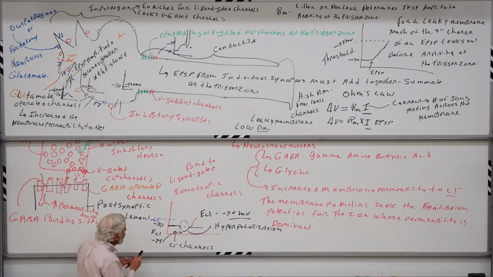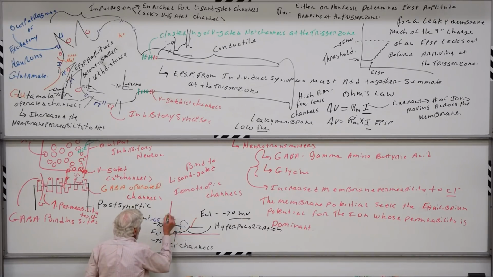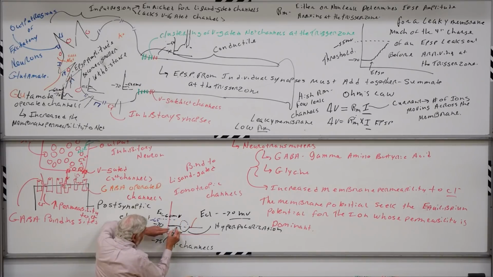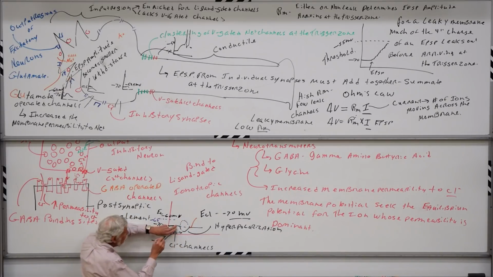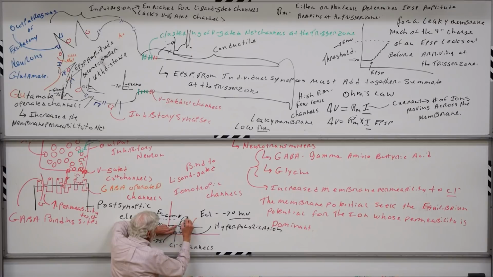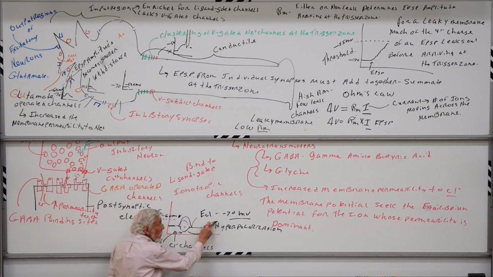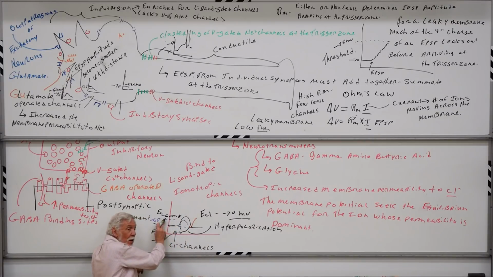We can even go to an extreme where we set the equilibrium potential, E sub Cl, to say, minus 60 millivolts. Then when we open these GABA-operated channels, the membrane potential is going to depolarize toward the equilibrium potential for chloride, which we've just said is minus 60. Now, we have preached over and over again that depolarizations drive the membrane potential toward threshold. But look what happens here.